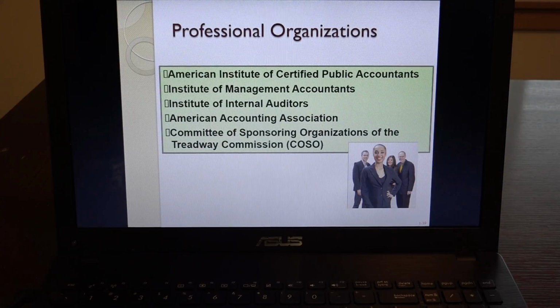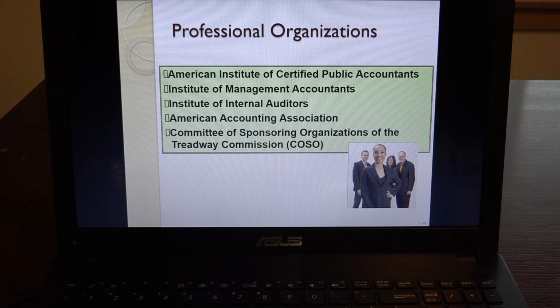Not every accountant is a CPA. You have to apply to the state that you reside in for the CPA licensure. You have to meet certain educational requirements. You have to meet certain ethical requirements.